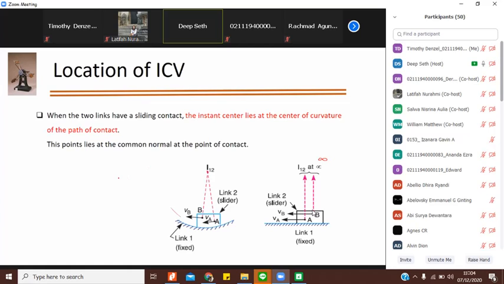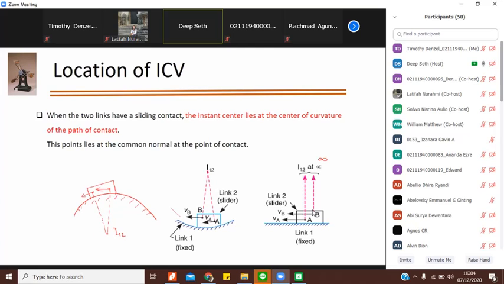And one more thing, let's say you do not have curvature like this. Let's say you have something like this, and your roller is here, meaning your slider. So here again, you have to just consider 2 points, A and B. Let's say this is in this direction and this is in this direction. You just have to draw the perpendicular from the velocity directions, and you will get I12.